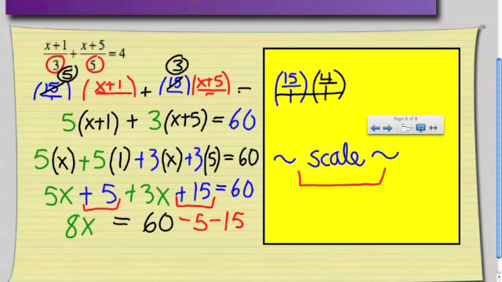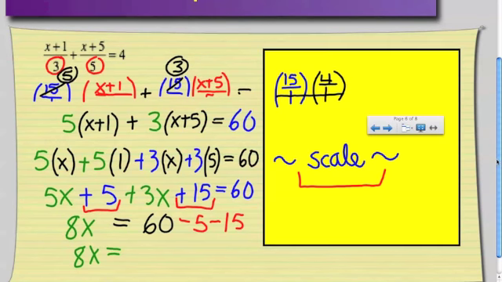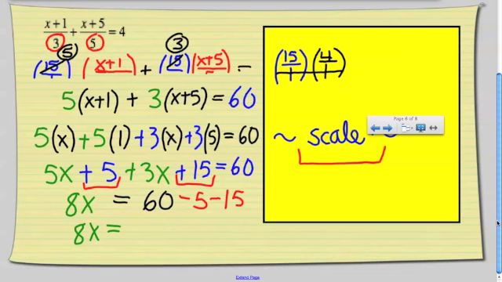So what does that simplify to? 8x is equal to, what is 60 minus 5 minus 15 going to give me? Then 40, good. And when we divide both sides by 8, your final answer, what is 40 divided by 8? X is equal to 5, good.